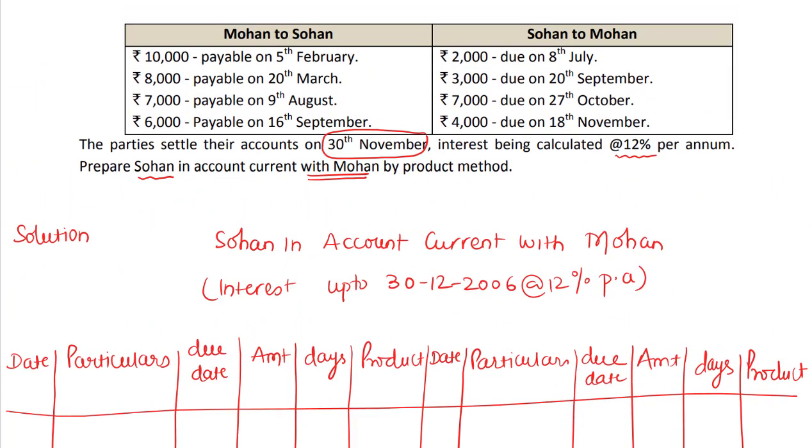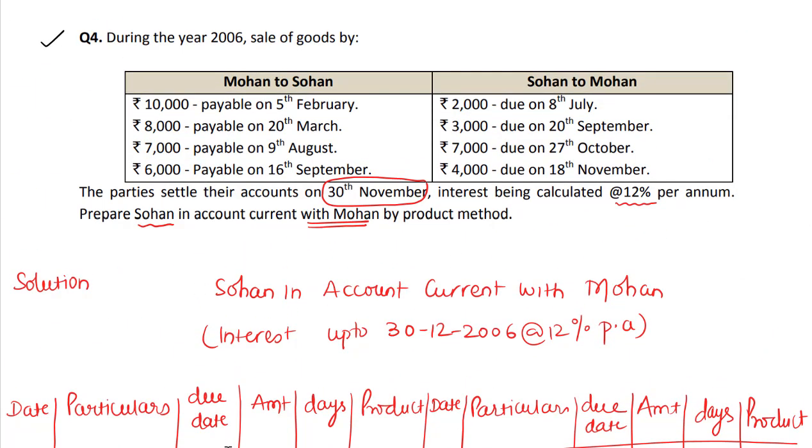Let us see the first transaction. Mohan to Sohan. We'll do Mohan to Sohan first. 10,000 payable on 5th February.